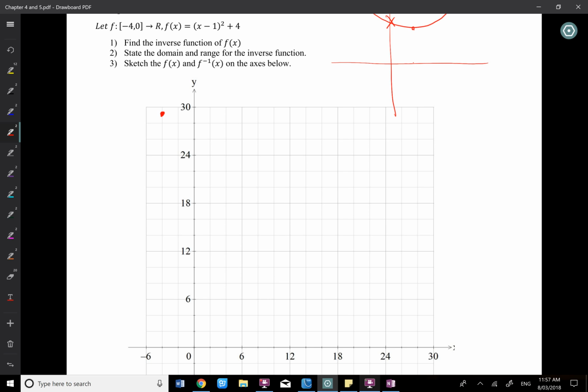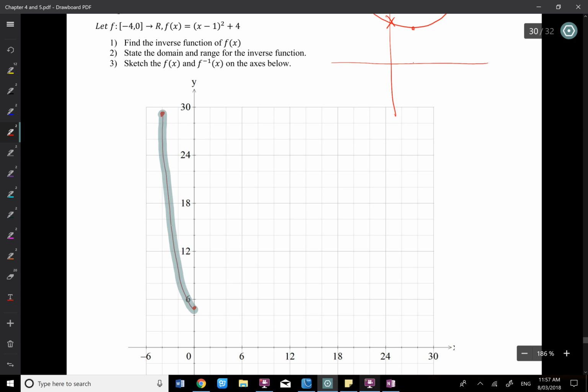And at 0, we get 5. It's really difficult to sketch. That's (-4, 29), and you have this point (0, 5).